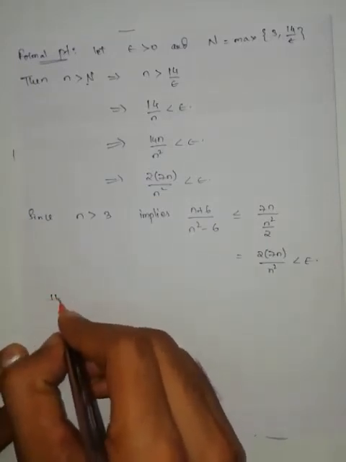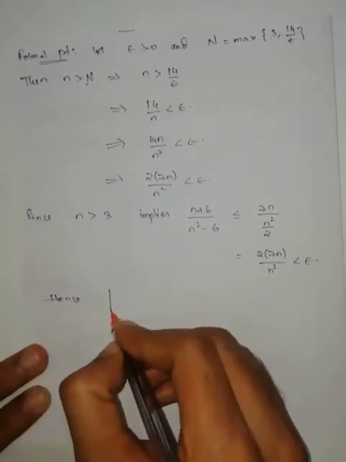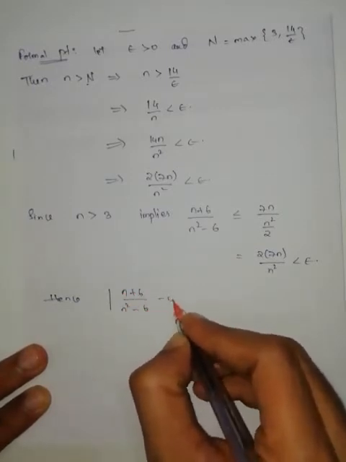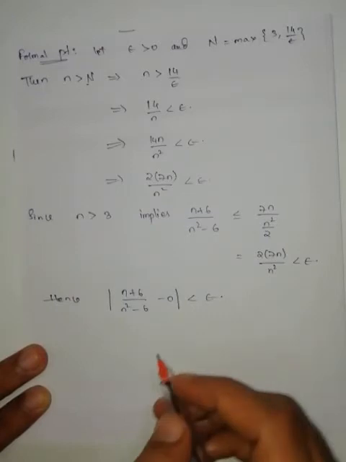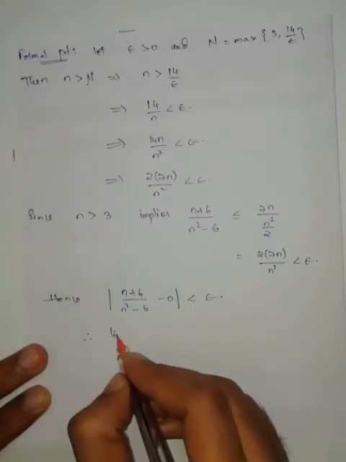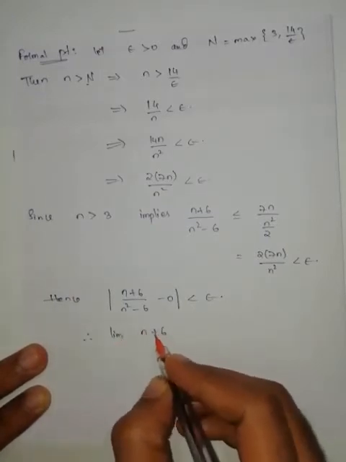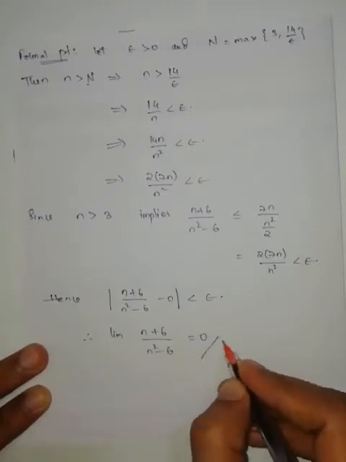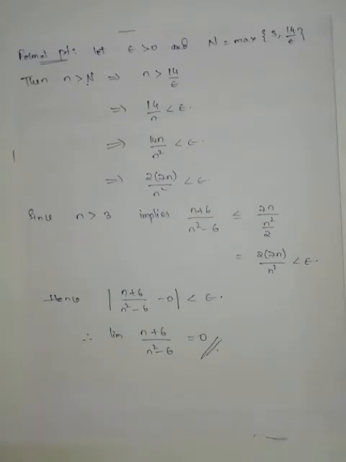Hence, modulus of (n + 6)/(n² − 6) − 0 is less than epsilon. Therefore, the limit of (n + 6)/(n² − 6) is equal to 0.